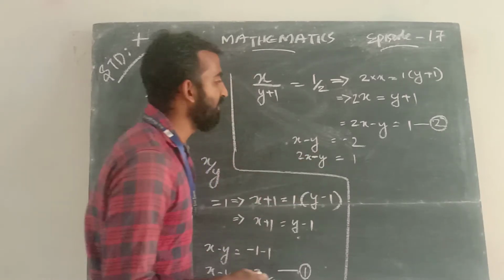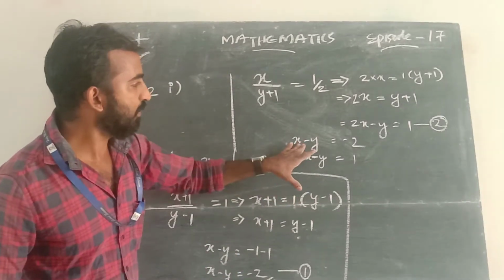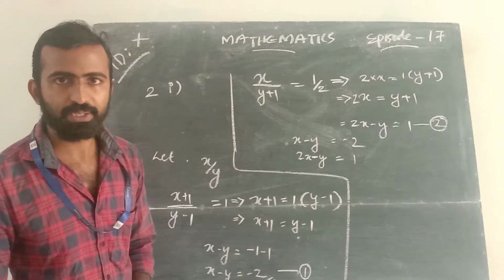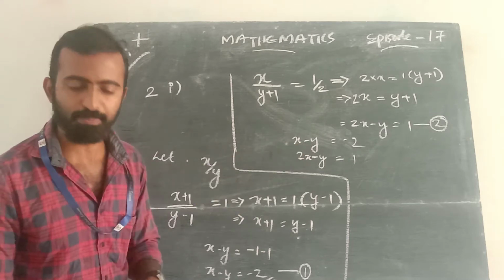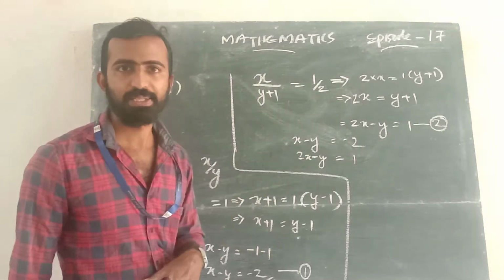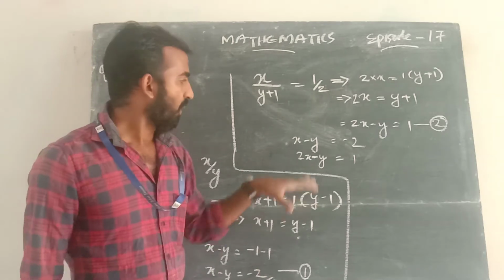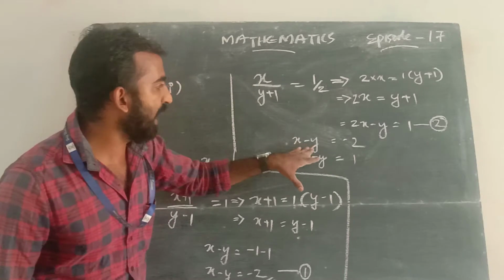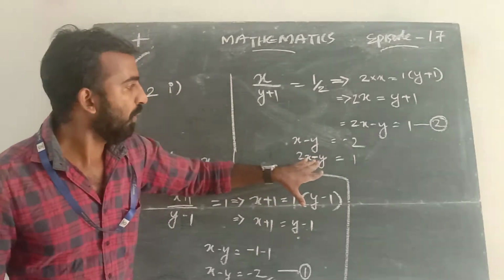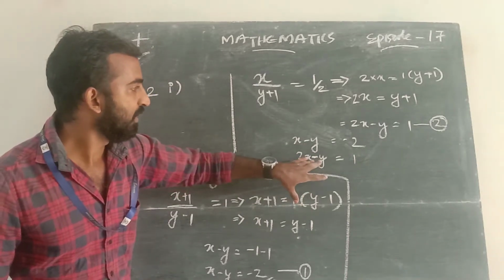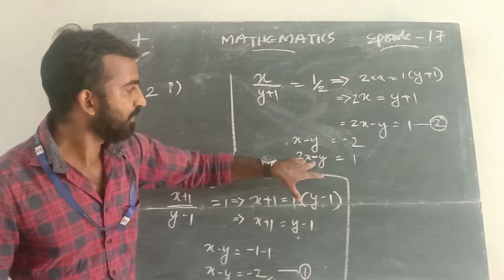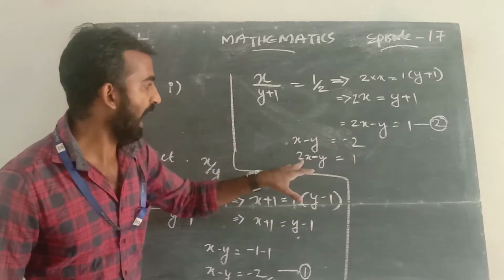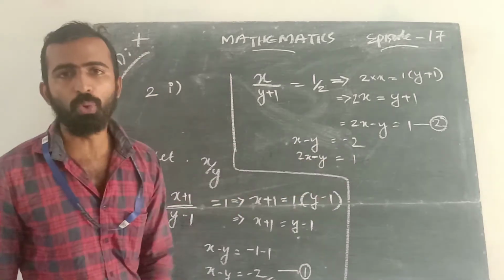We can apply the substitution method, or the elimination method. x minus y equal to minus 2 and 2x minus y equal to 1.